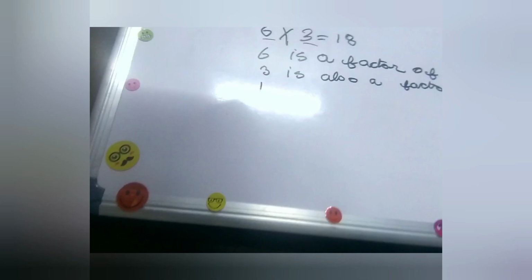So 6 and 3 are here, so these both are factors of 18. Not just 6 and 3, it can be any other number too. 1 is a factor of all numbers.